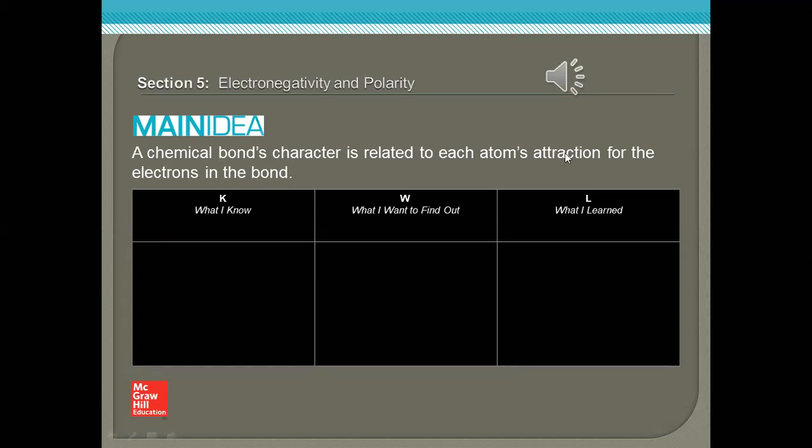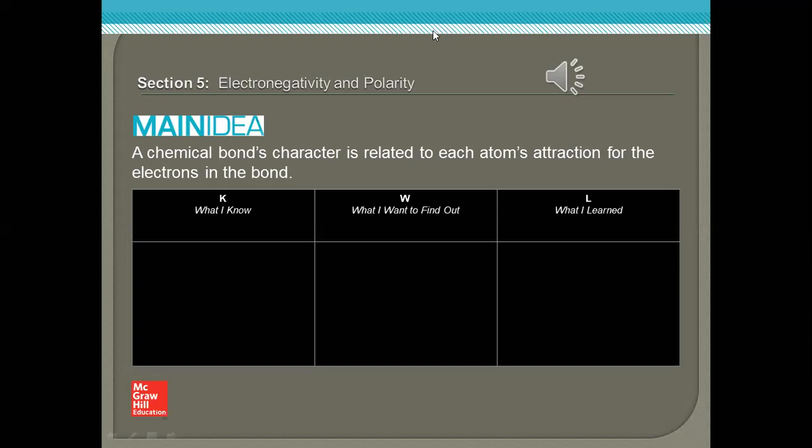Okay, let's complete. Now, chemical bonds: a chemical bond's character is related to each atom's attraction for the electrons in the bond. Understand until now?